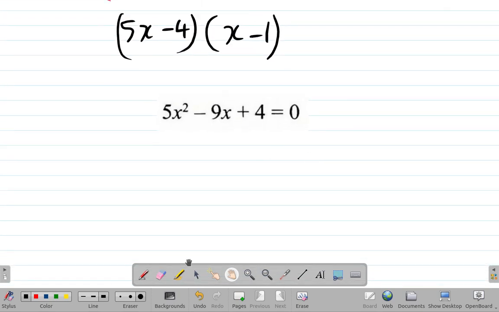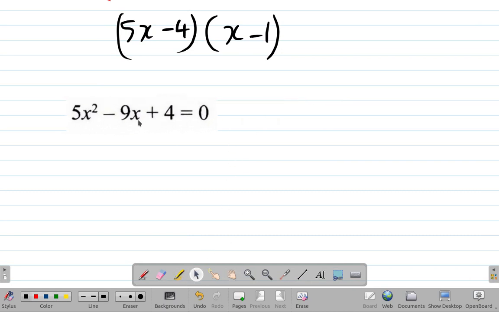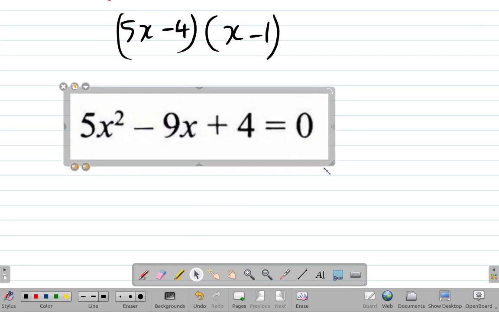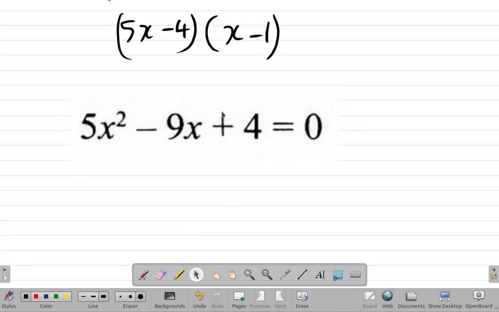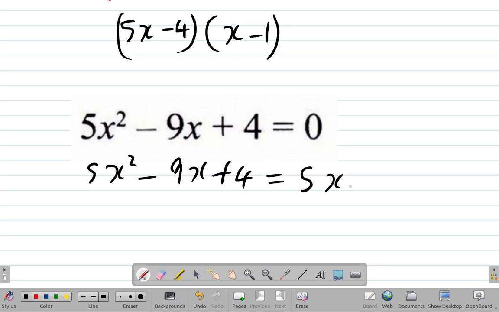Alright, hence solve this equation. You're going to say here that 5x squared minus 9x plus 4 is the same expression as 5x minus 4, x minus 1.